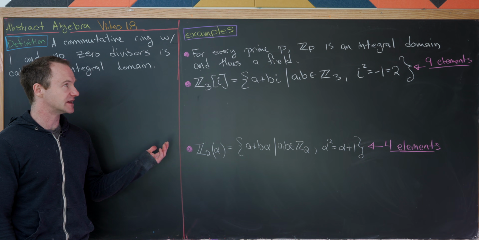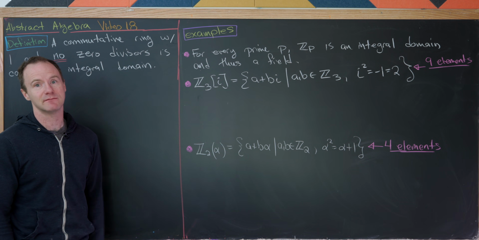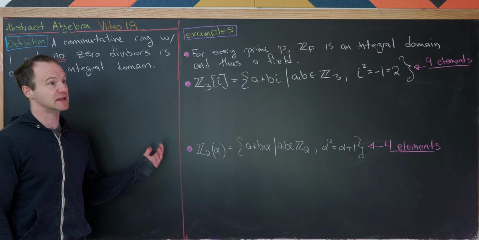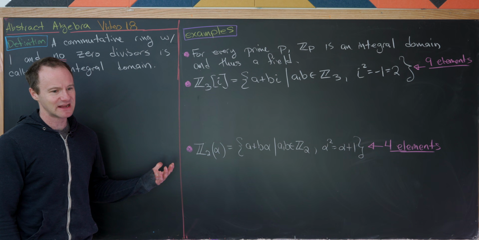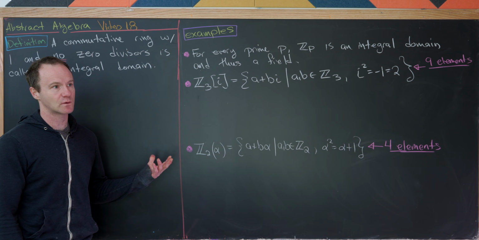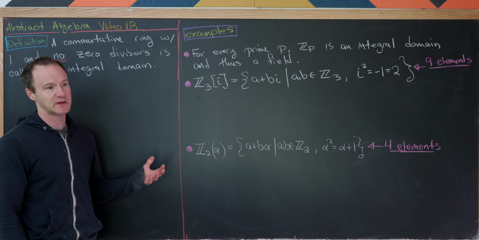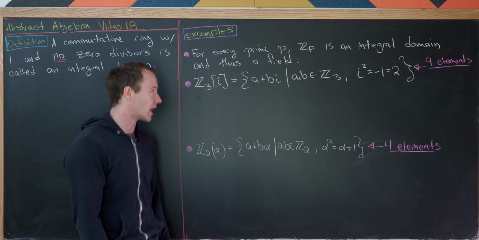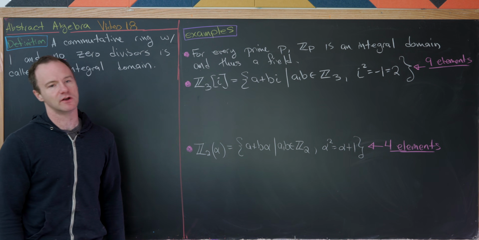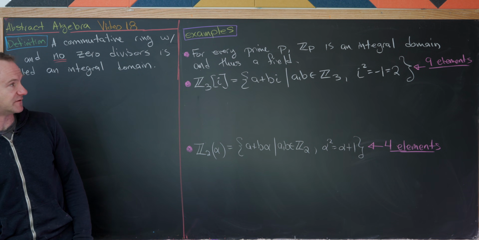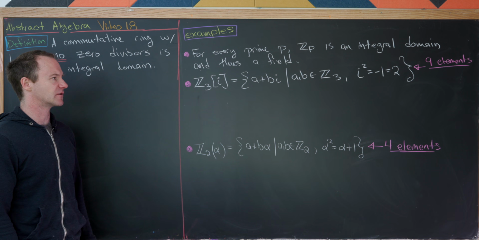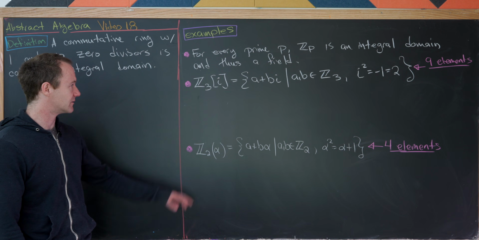Notice that Zp is made up of everything from 0 to p minus 1, and then the addition and multiplication is mod p. But if you multiply anything between 1 and p minus 1, you will not get a multiple of p, given that p is prime. So that immediately shows there are no zero divisors, making it an integral domain, and thus by our result, a field.